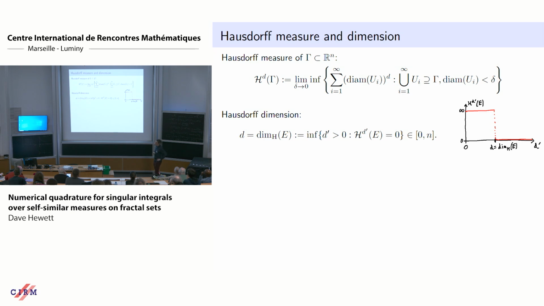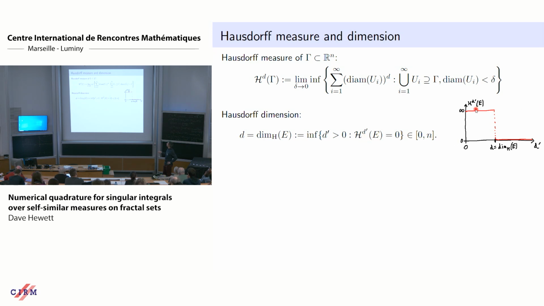Okay, Simon already reminded us of the definition of this Hausdorff measure, but here it is again. So a Hausdorff measure of a subset is given by this lim inf over coverings of the set by sets U_i with diameter less than delta, and we're looking at the sum raised to the power d. And then we define the Hausdorff dimension as this infimum of all the d' such that H^{d'}(E) is 0.